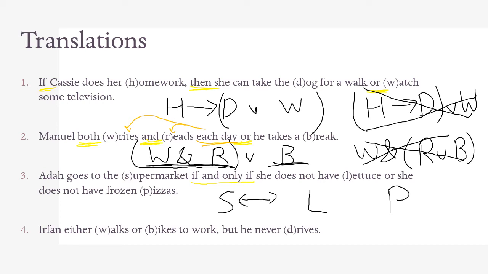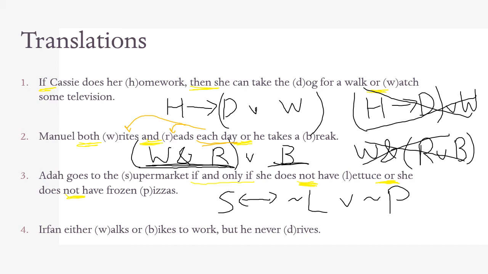I'm going to leave a little bit of room because I know what's coming. If and only if she does not have lettuce, or she does not have frozen pizzas.